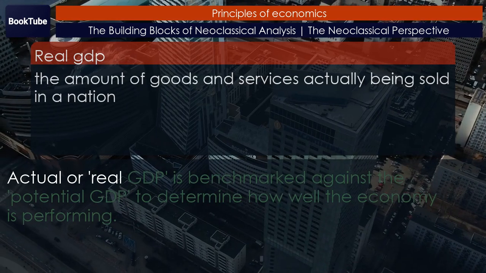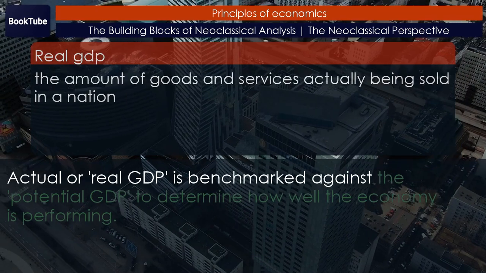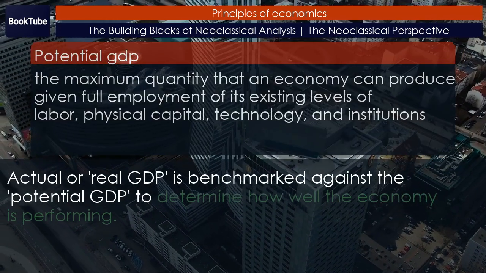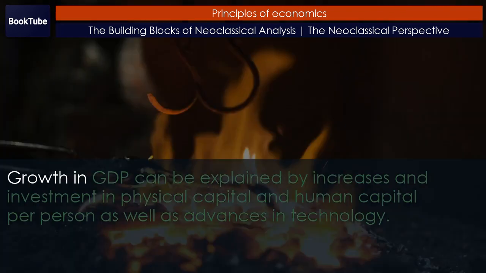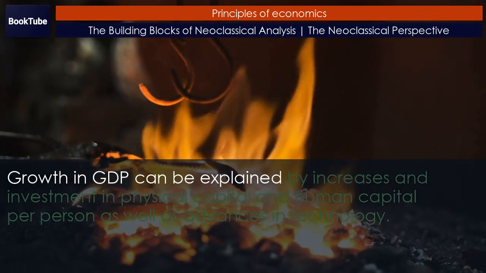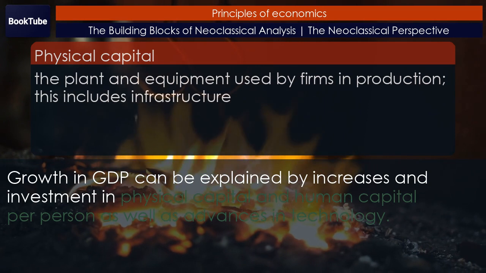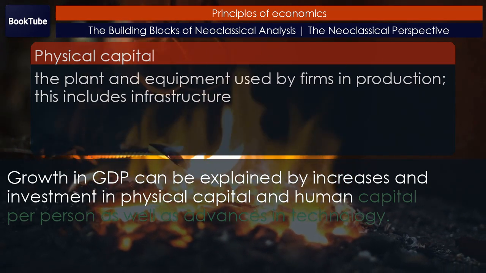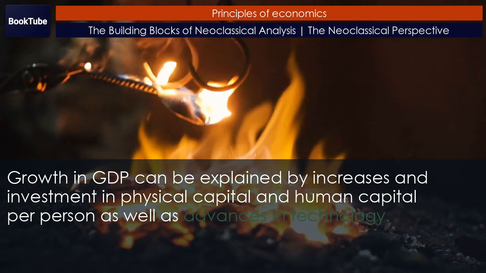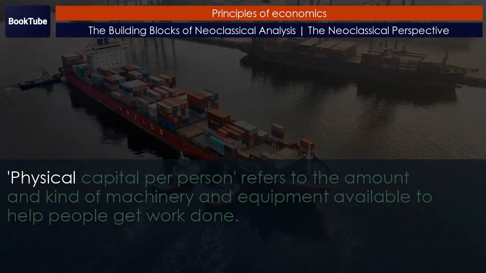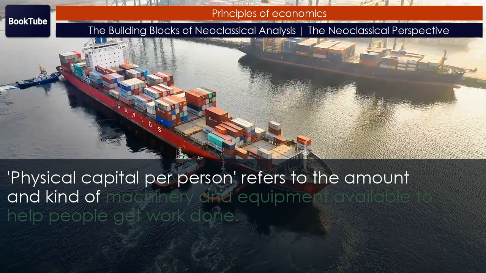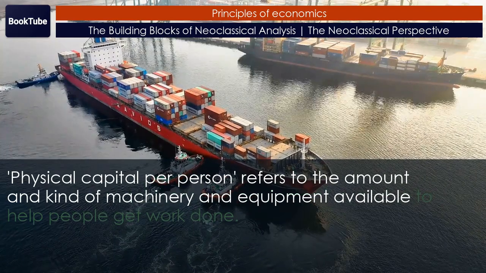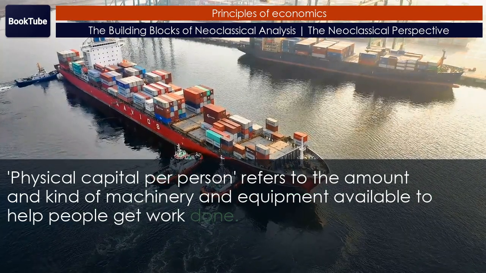Actual or real GDP is benchmarked against the potential GDP to determine how well the economy is performing. Growth in GDP can be explained by increases in investment in physical capital and human capital per person as well as advances in technology. Physical capital per person refers to the amount and kind of machinery and equipment available to help people get work done.